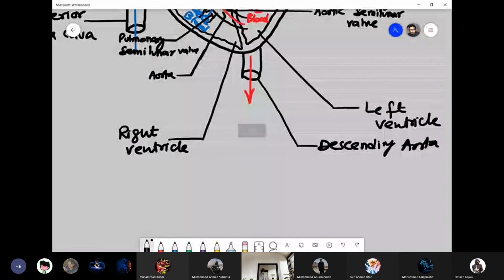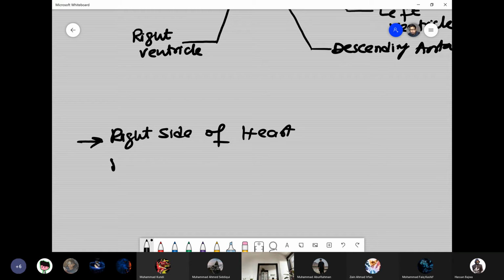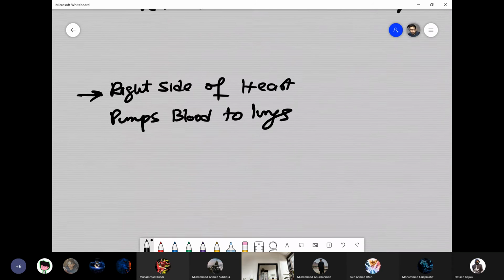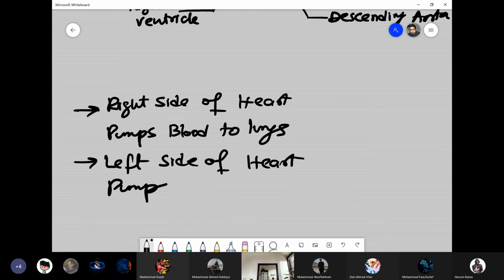It shows that the right side of the heart pumps blood to the lungs, and the left side of the heart pumps blood to the whole body.